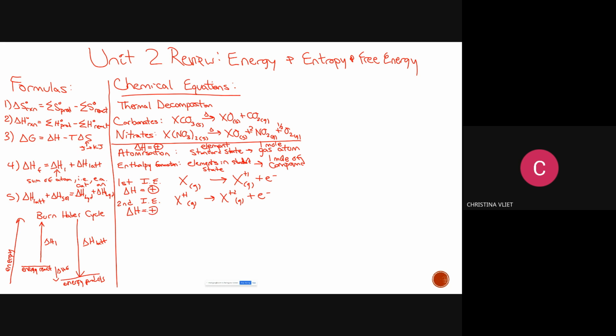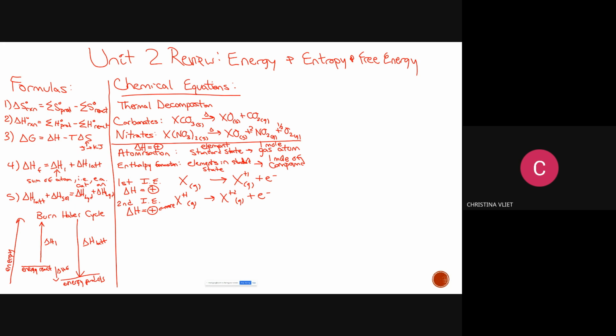And would it be more positive or less positive than the first ionization energy? More positive, right? Why more positive? Because as you are ripping additional electrons off, your nucleus has a stronger hold on the electrons that are left. So your ion has a positive charge. It's more difficult to pull additional electrons off. This is called successive ionization energies. Also a topic in AS chemistry, but could definitely show up.